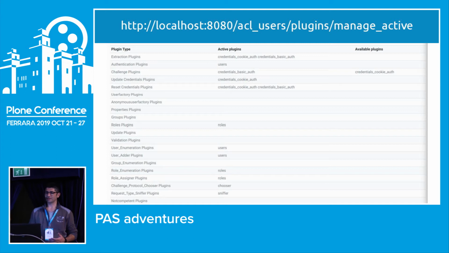you have plugins for extracting information from the request that comes from the users. You might have many extraction plugins that try to understand, for example, the username and the password that the user submits to your website, and there might be many plugins of that kind, and they might extract different information.